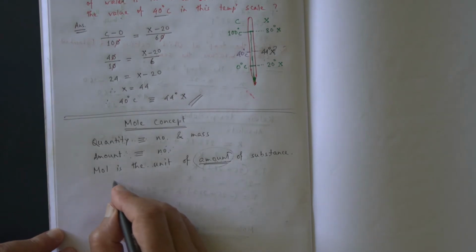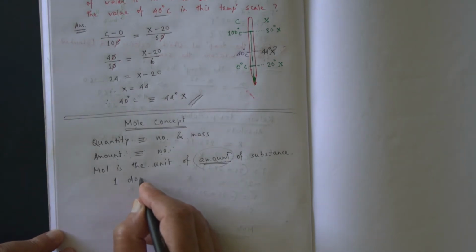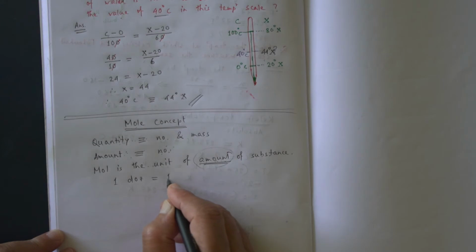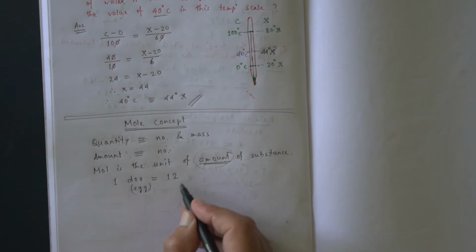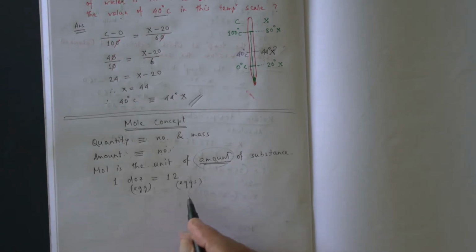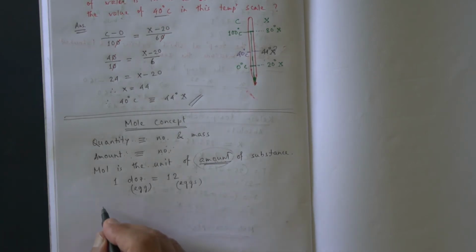Just like one dozen means how many? 12. Say 1 dozen egg, that means 12 eggs. 1 dozen pencil, that means 12 pencils, like that. Similarly 1 mole.